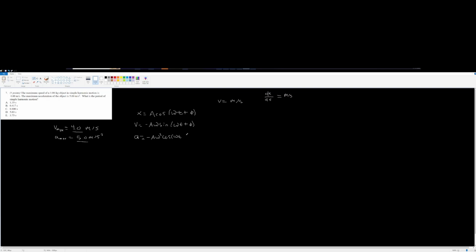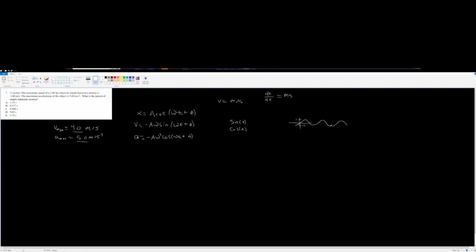Now, if you recall from your unit circle, both sine and cosine are functions that, no matter what is in these parentheses, we'll call it x, in this case it's omega t plus phi, they both have a maximum value. If you think of the sine function, it's graphed like this, and right here is 1, right here is negative 1.